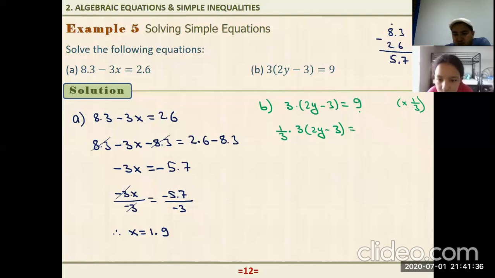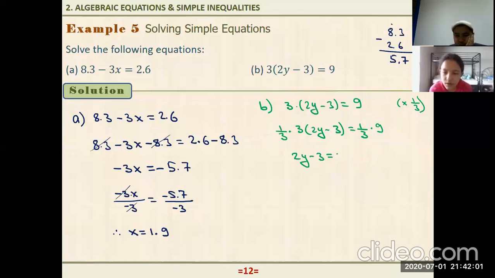And I should do the same to the right hand side, 1 over 3 times 9. So what is 1 over 3 times 3? 1. If it is 1, we don't have to write anything. So here we have 2y minus 3 equals 1 over 3 times 9.